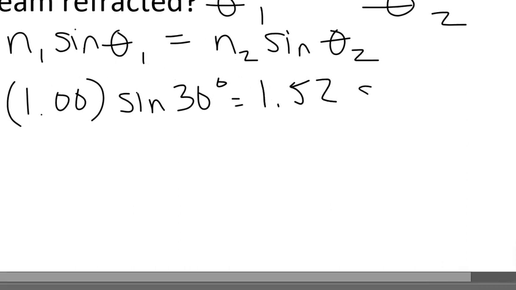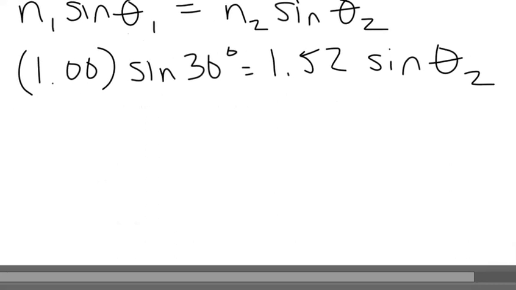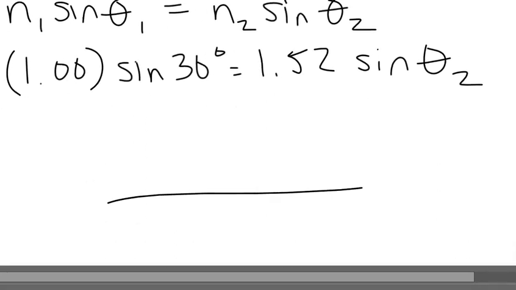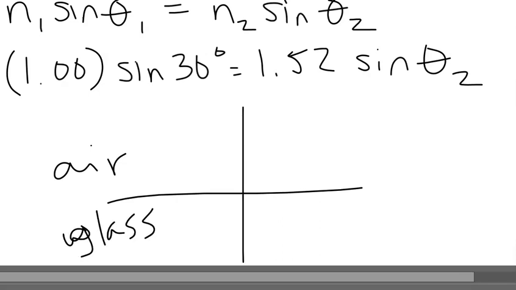1.52 for glass, and sine of theta 2. So we are trying to figure out, we're going from air to, not water, glass. This is our normal line. Angle's going this way.